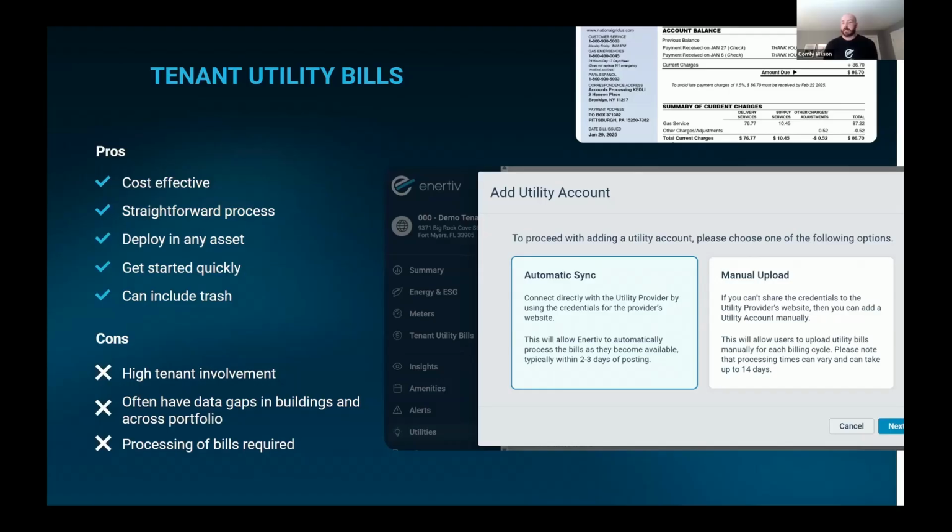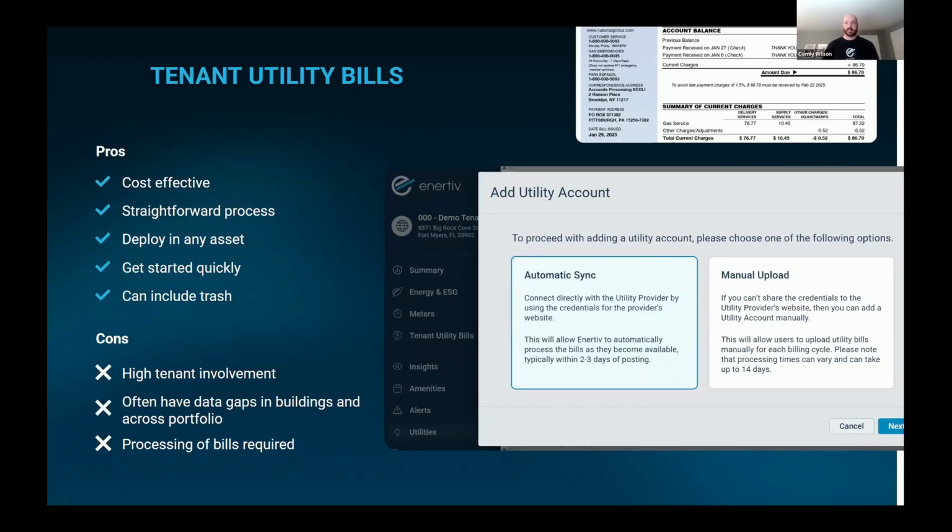There's also no limit in terms of which assets you could do this to. Utility Direct Connect is only eligible in certain utility jurisdictions. You could do this anywhere, and you can ask for trash, right? So all of those are pros.